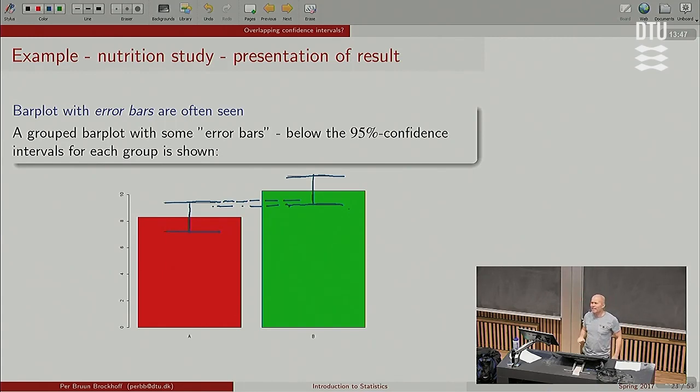So thinking about overlapping confidence intervals is not a good way to think. It's a very natural way to think if you get such a plot thrown in your face. So that should also make you think about which plots you want to make. If you want to convey that these are different, this is not a good plot. It's not a wrong plot. If you just tell what it's showing, it is just not the plot to emphasize the statistical difference between the two means. That's not what this plot is good at.